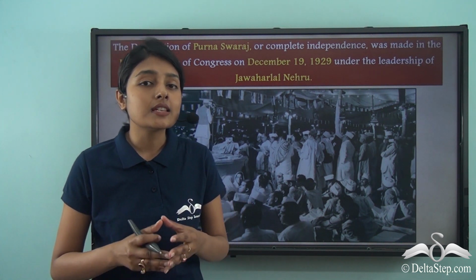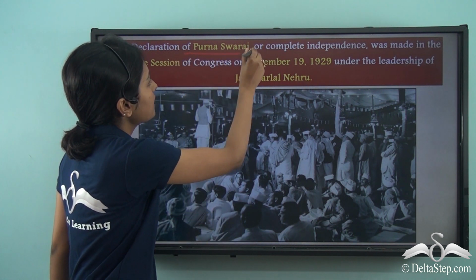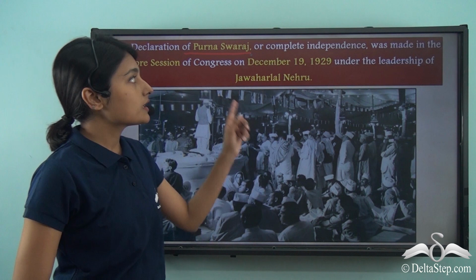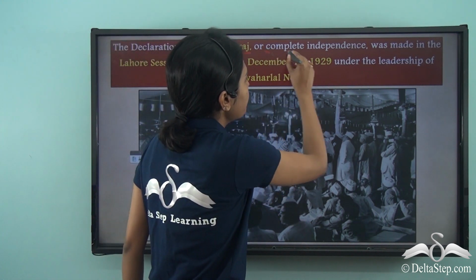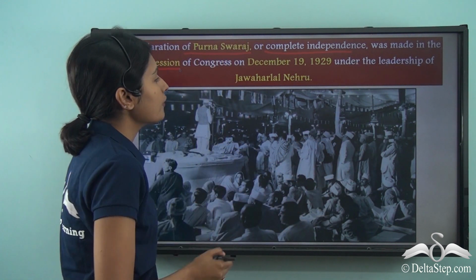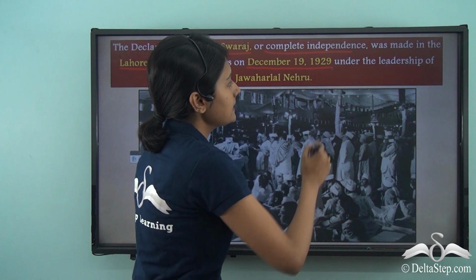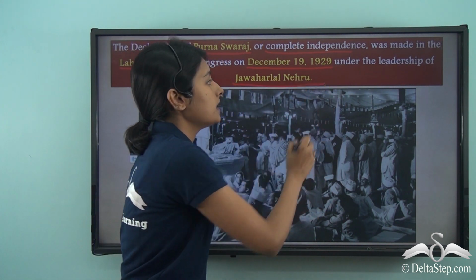And so, these young radicals now declared the Purna Swaraj. The declaration of Purna Swaraj, which literally means complete independence, was made in the Lahore session of Congress on December 19, 1929 under the leadership of Jawaharlal Nehru.